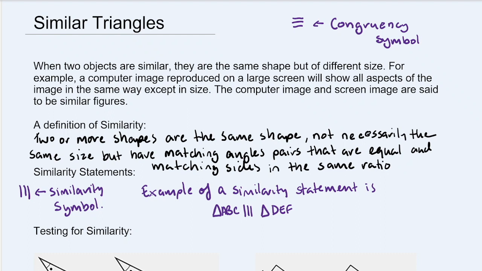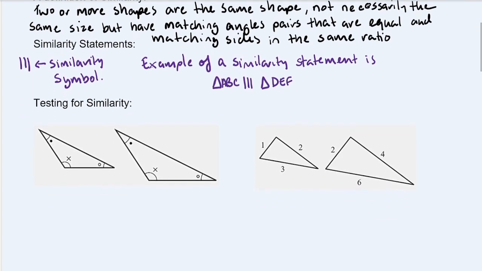Now, just like in congruency, similar triangles have some tests that are available. They don't have official names, but they do match up quite nicely with the old congruency ones, just not with the same exact names.